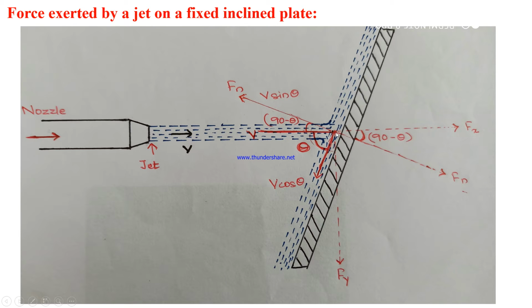If this is velocity v and this is angle theta, the component along the adjacent side is v cos theta, and along the opposite side it is v sin theta. So we have resolved the velocity into two components, v cos theta and v sin theta. In all these cases we are finding the force exerted by the jet on the plate along the normal direction.